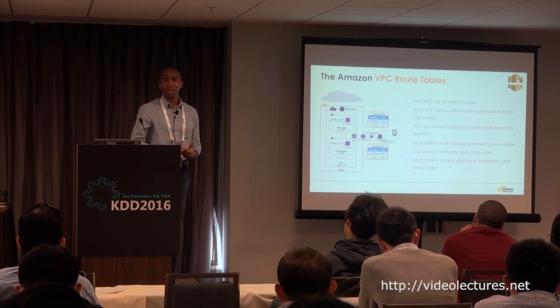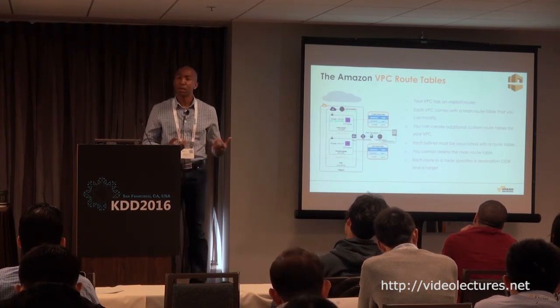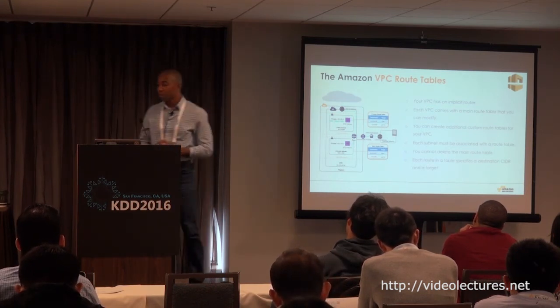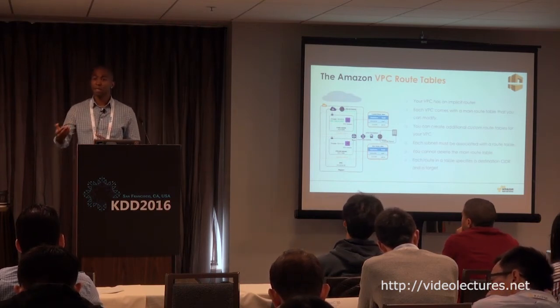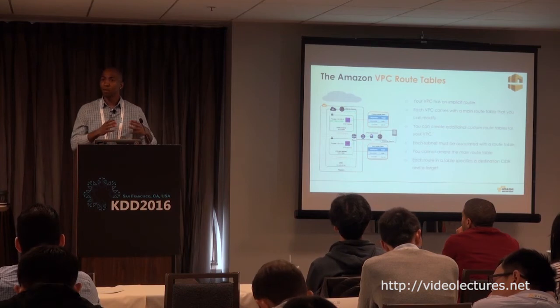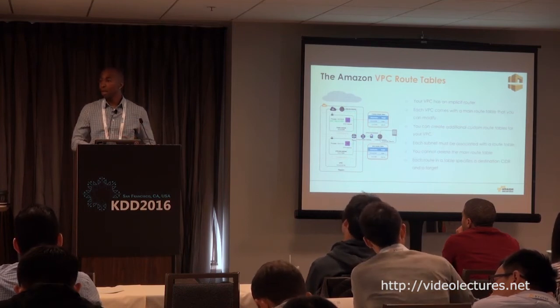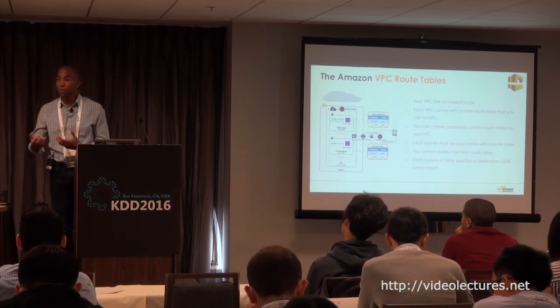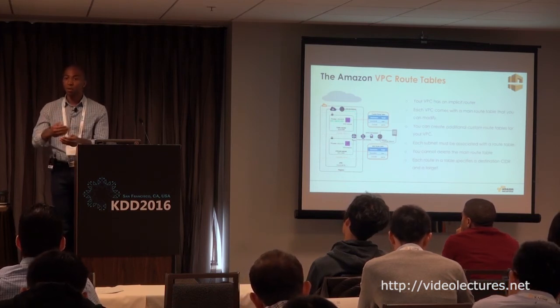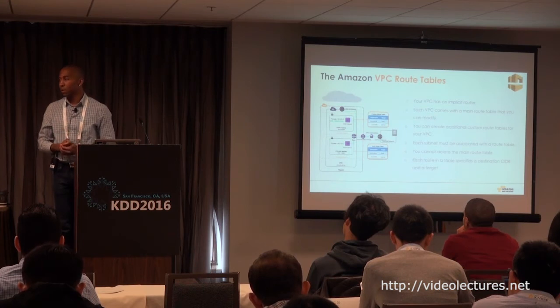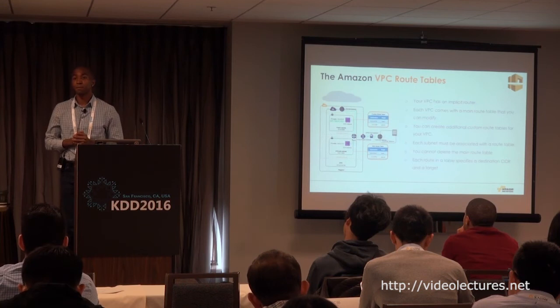And of course, you can change which route table is your main. So what happens if I have a test scenario and I want to test an application, but I don't want to trouble my main route table? I can create a customized route table, create a subnet, assign it to that route table, and then test that workload within that route table. And when I'm comfortable enough, I move everything over onto the main route table.